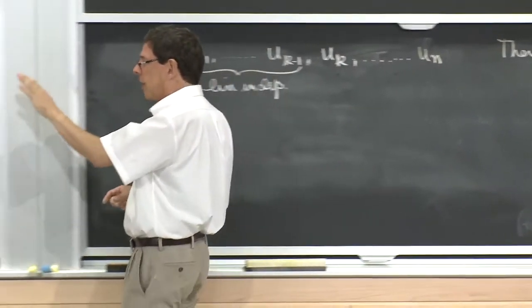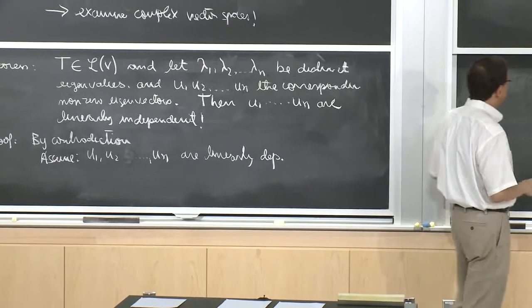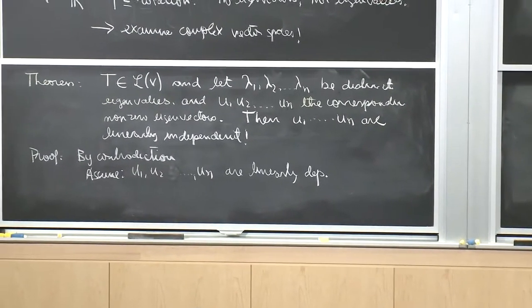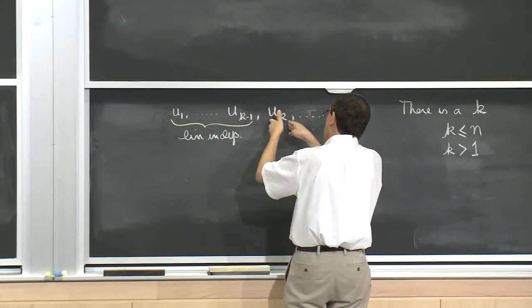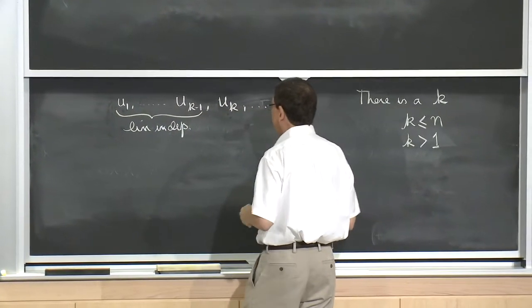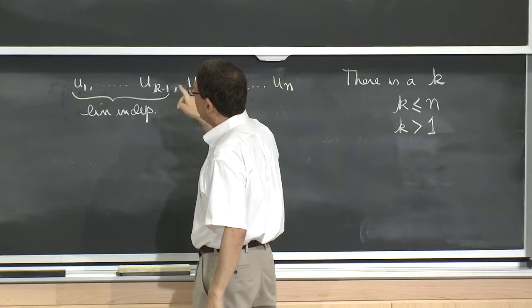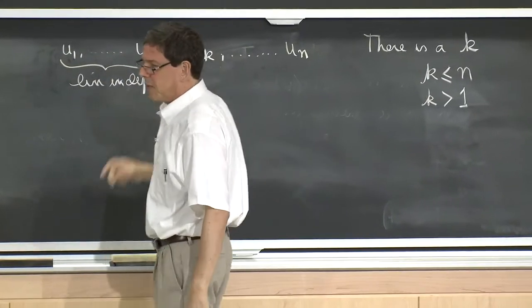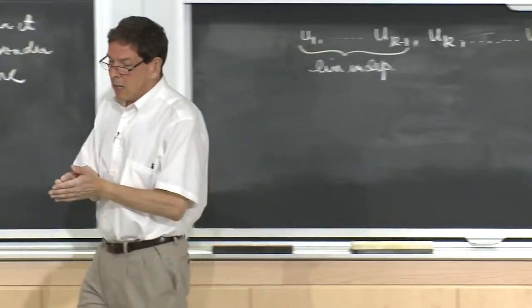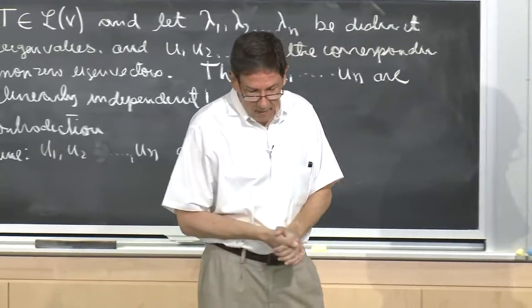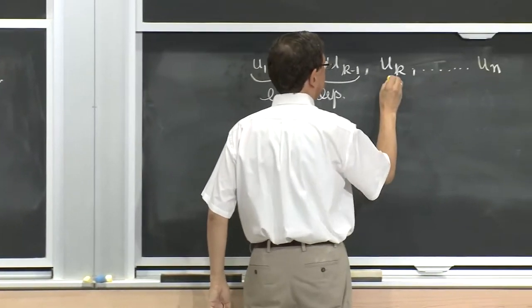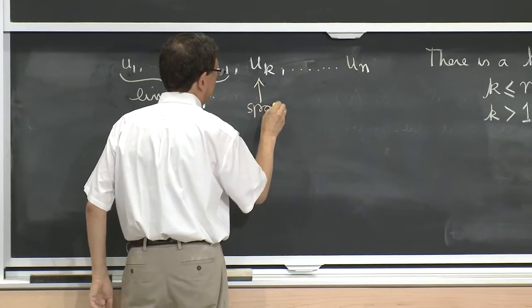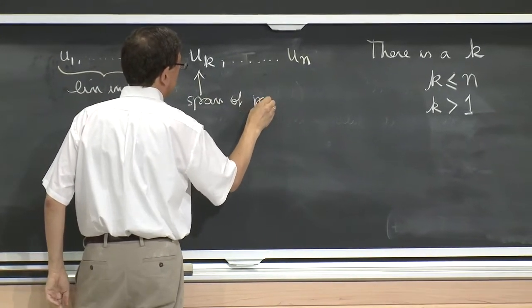Our assumption that they're linearly dependent means that there's a subset of linearly independent vectors, and then the next one is not linearly independent. So uk is in the span of the previous vectors.